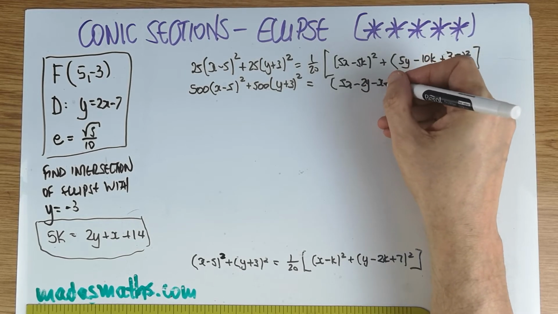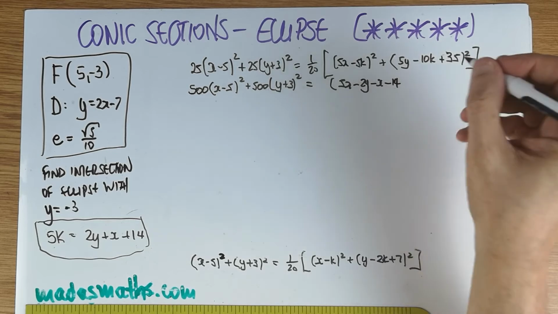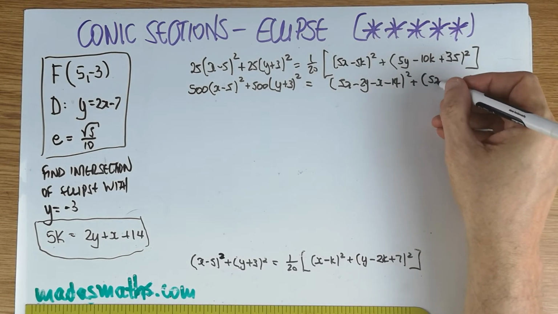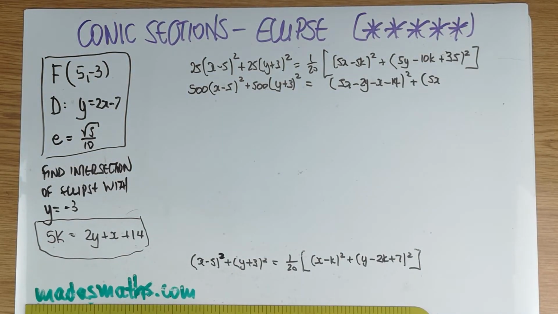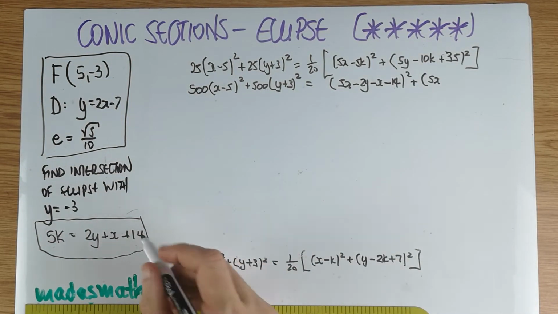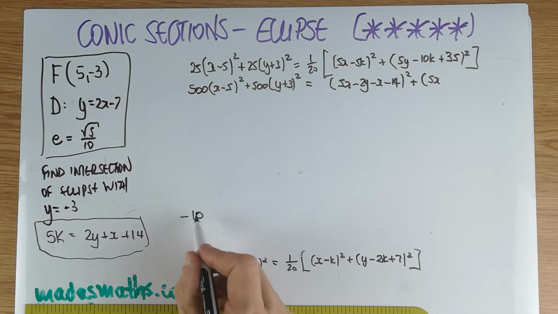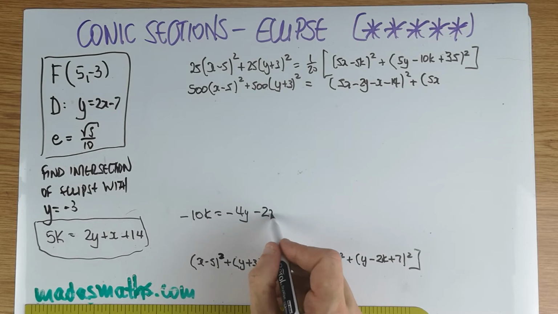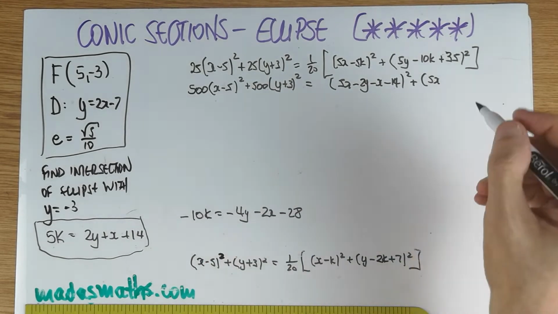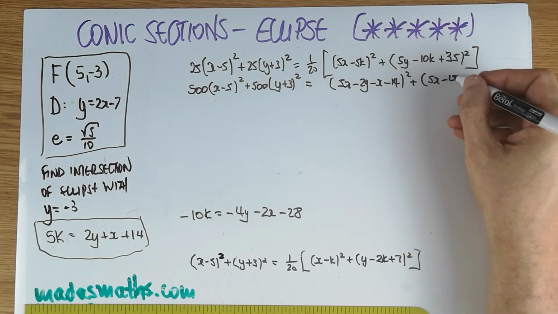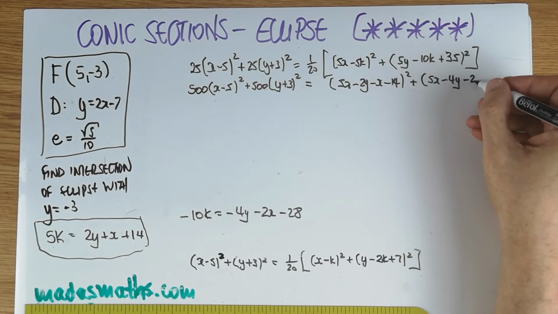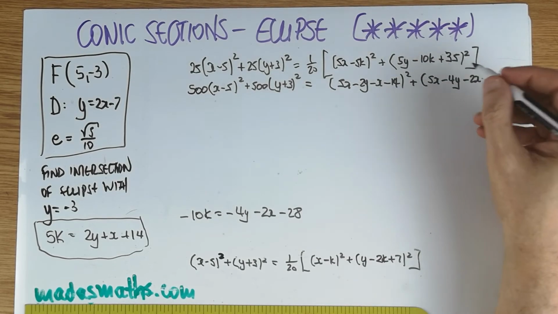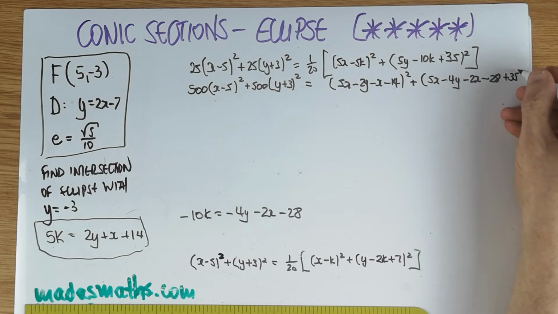Minus 2y minus x minus 14, all squared, plus a 5x. Because I am very tired at the moment, I'm trying to write it here. Times by minus 2 is equal to minus 4y minus 2x minus 28. So that's my minus 10k. So minus 4y minus 2x minus 28. And of course, that was just the k. Very easy to forget the 35 there, all squared.